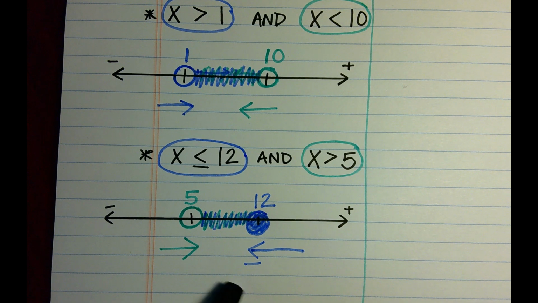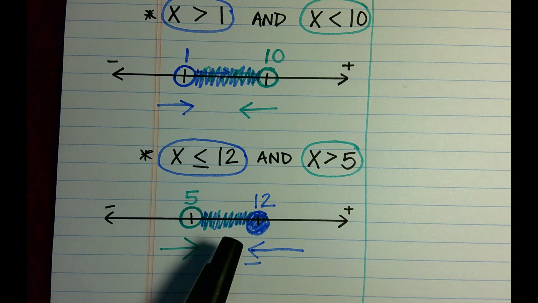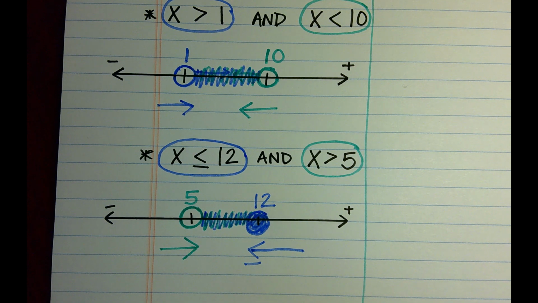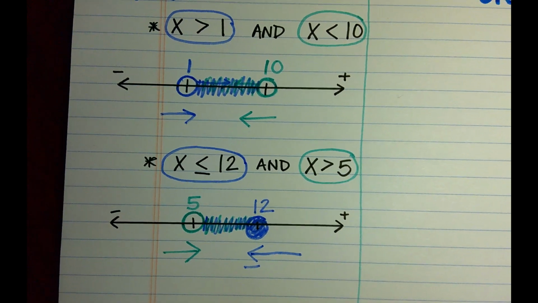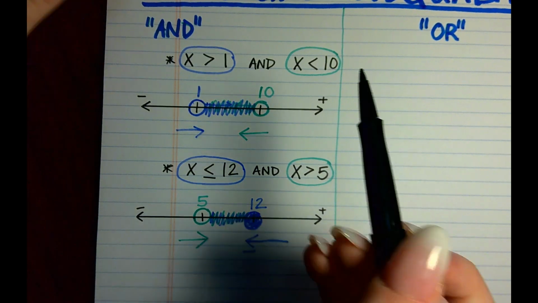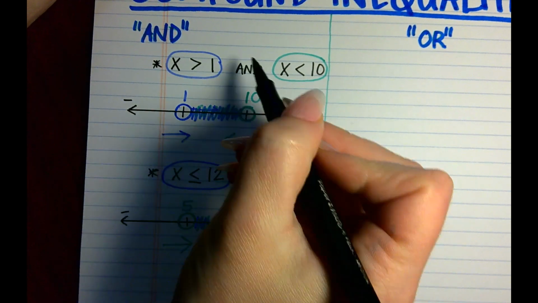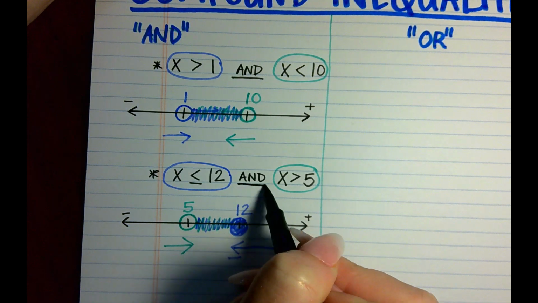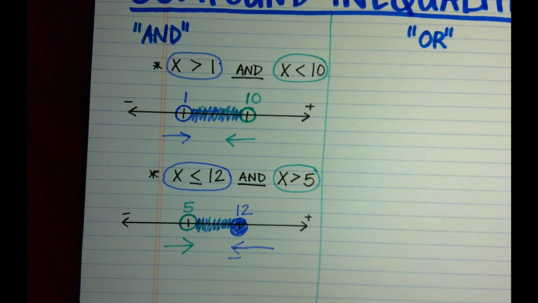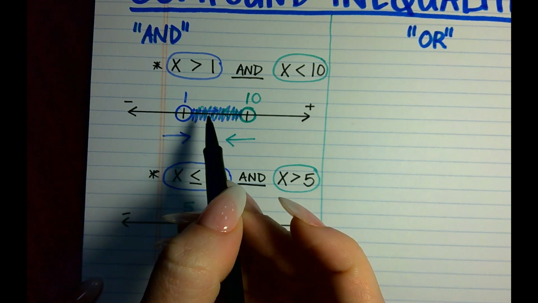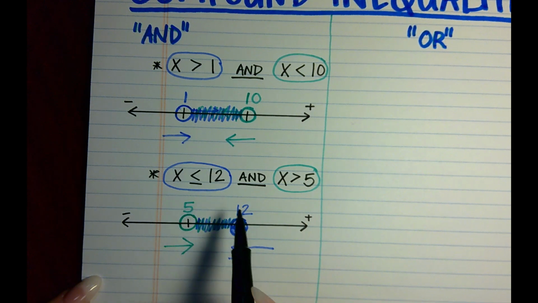Okay. Do we have any questions about this example? Does everybody understand where my numbers came from? Where my shading happens? Okay. So anytime we have a compound inequality that has and written in between, you will always shade in the middle.